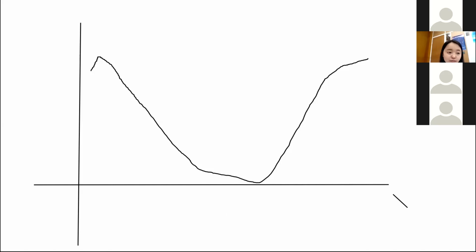So updating the weights and bias is to find the lowest point of the loss function. What are we going to do?